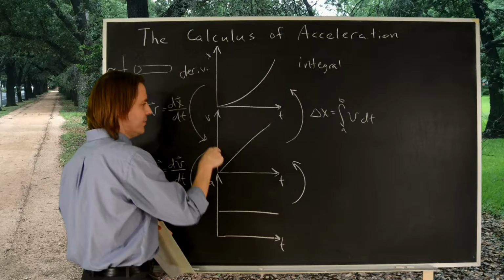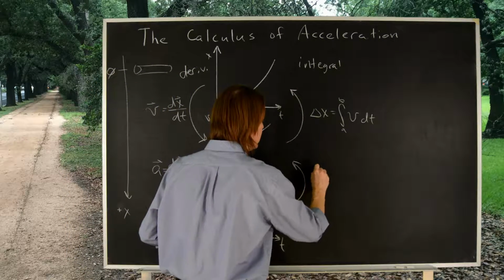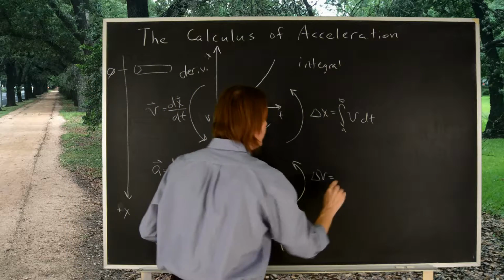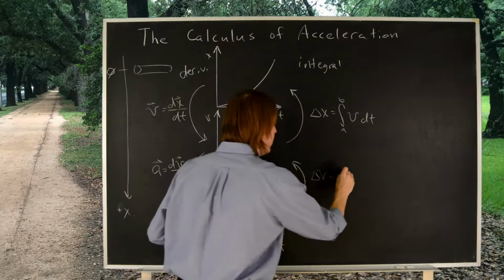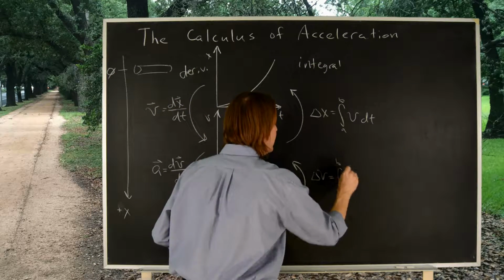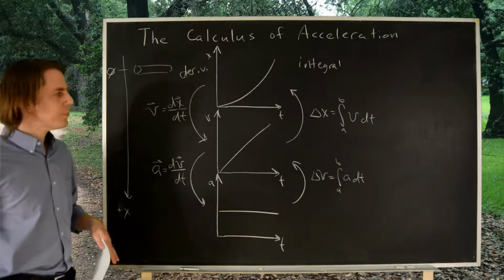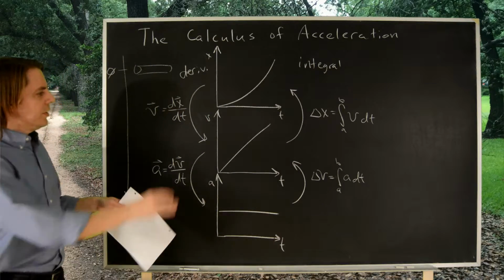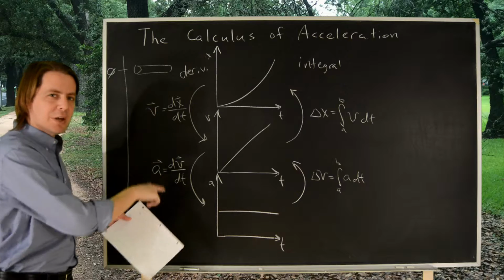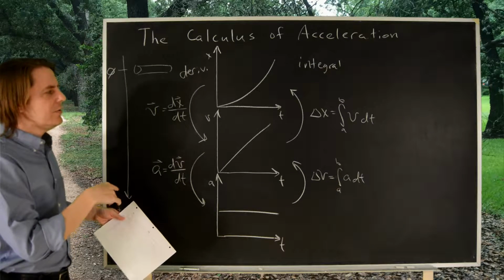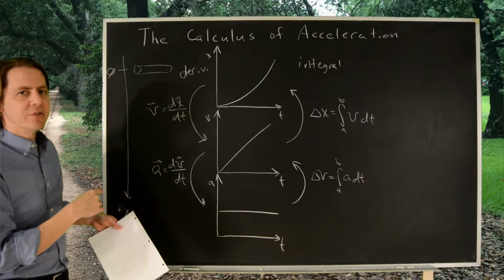Here, the change in velocity delta v would be equal to the integral from a to b of a dt. So that's how you could make the changes. Now let's see if you use them, if you get something that makes any sense.